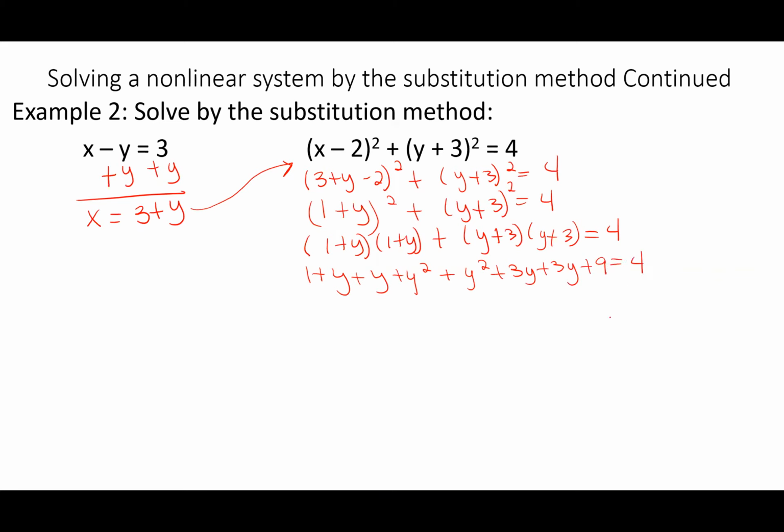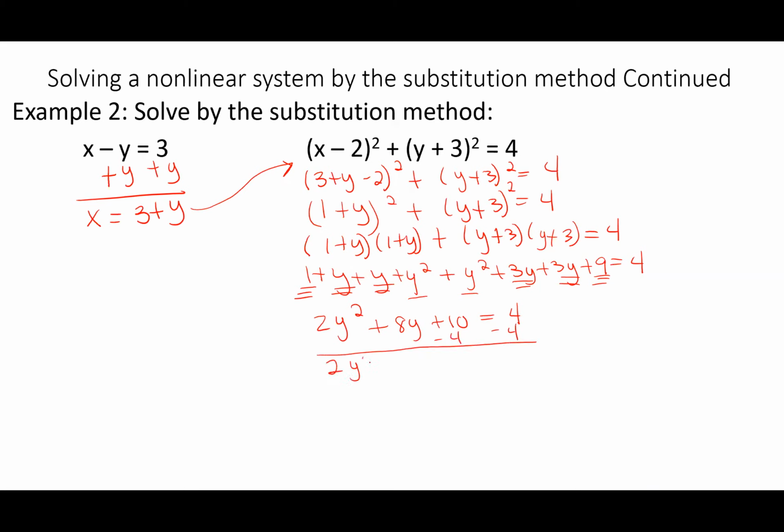Combining all my like terms, there's some y squareds, some y's, and some numbers. So the first thing I want to do is set this equation equal to 0 by subtracting 4 from both sides.